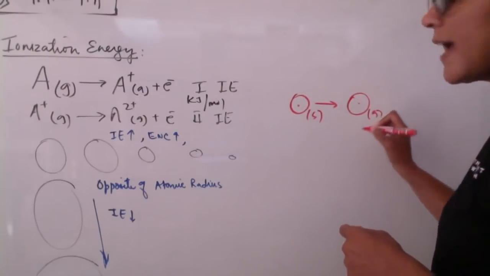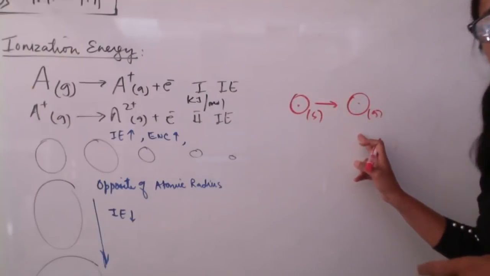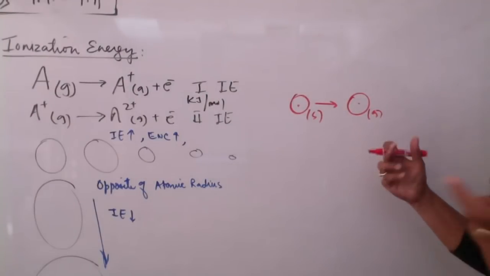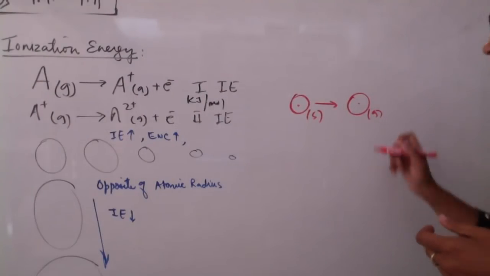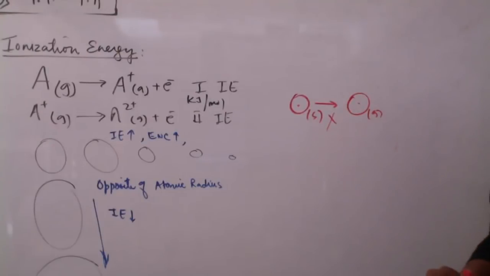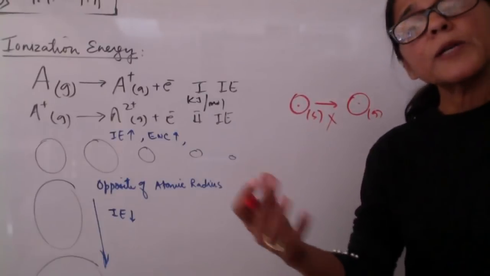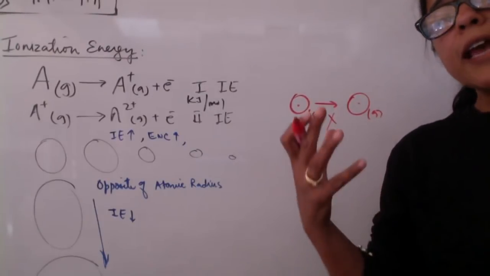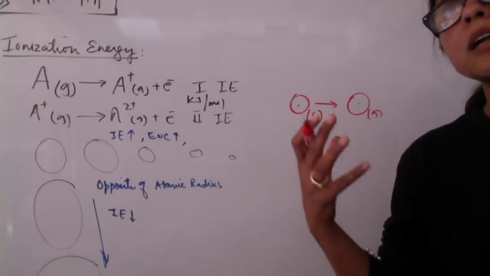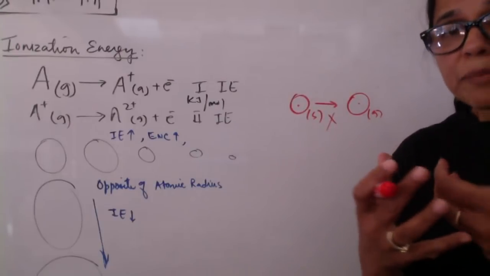And converting from solid to gas requires energy. This energy is not counted as part of ionization energy because then we won't be able to compare, because there are different types of bonding, and atoms and molecules are connected with each other with different amounts of energy.